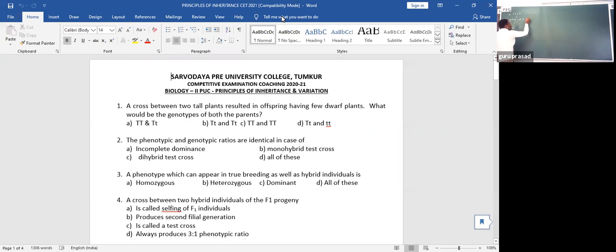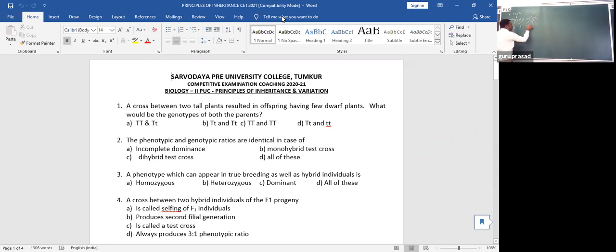When they produce gametes, both produce two types of gametes as they are heterozygous in condition. Capital T small t. Even you can put this under a Punnett square, as you know, a checkerboard. Capital T capital T, capital T small t, capital T small t, small t small t.